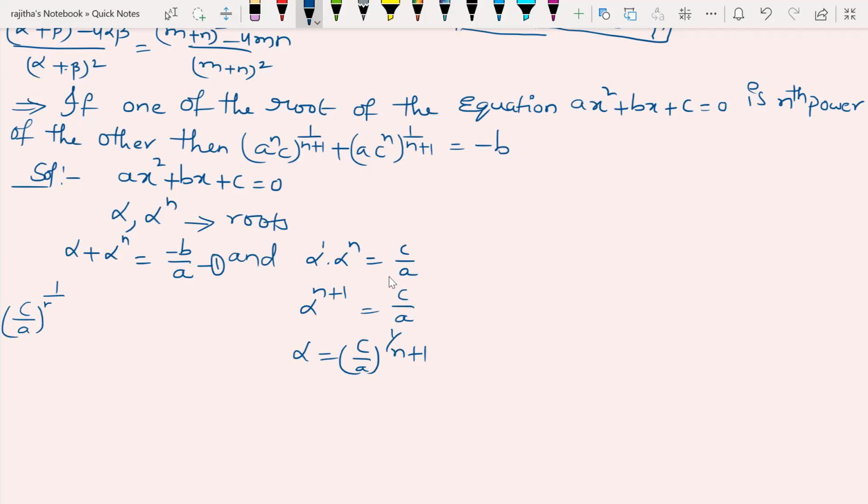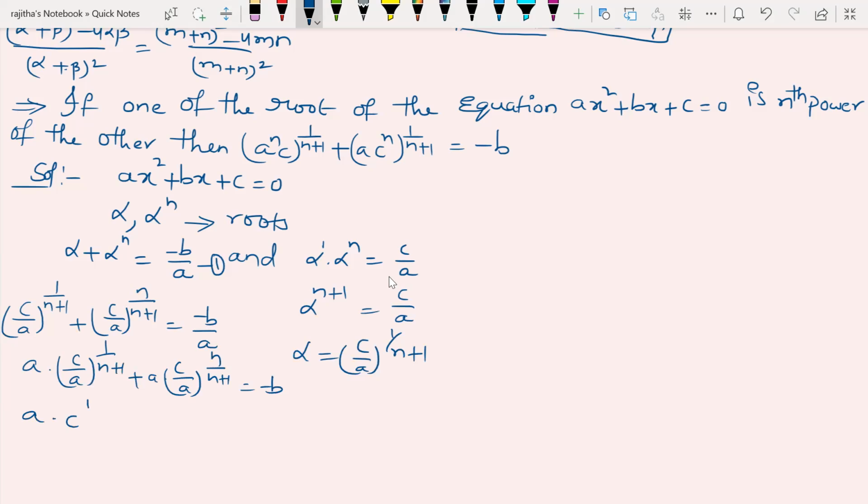Here observe clearly: (c by a) whole power 1 by (n plus 1), plus ((c by a) whole power 1 by (n plus 1)) whole power n, that is n by (n plus 1), is equal to minus b by a. Cross multiplication: a into (c by a) whole power 1 by (n plus 1) plus a into (c by a) whole power n by (n plus 1) is equal to minus b.